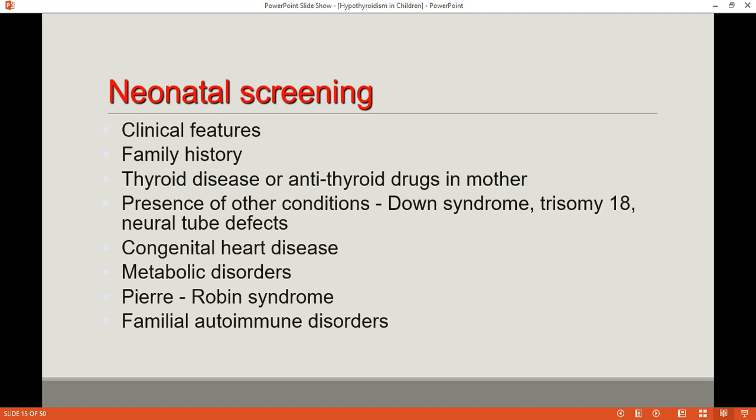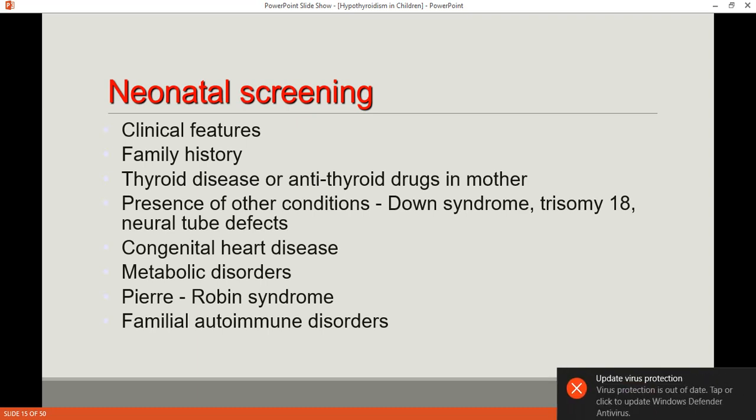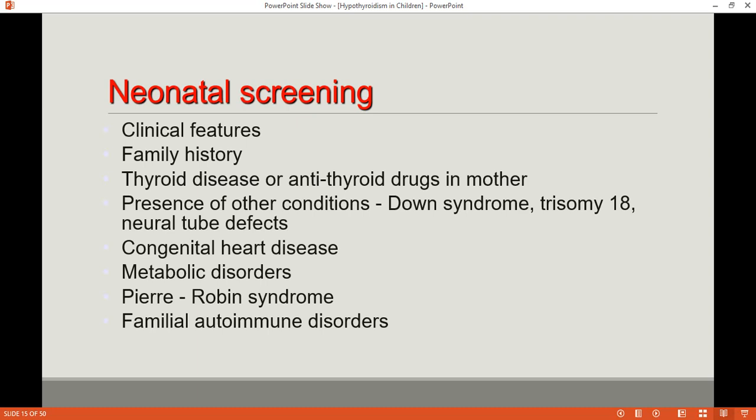Also in any case of congenital heart disease, mental disorders, metabolic disorders, or Pierre-Robin syndrome. You may have heard of Pierre-Robin syndrome: there is micrognathia, the chin is small, there is a cleft palate, and the tongue looks large, a pseudo macroglossia, because the chin is short.